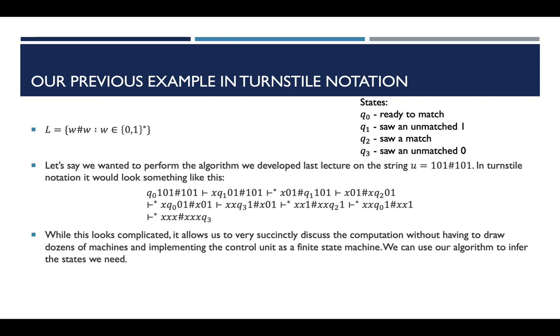So if you were in a situation where you had to build a Turing machine as a design for some sort of machine, you would be able to do that with this turnstile notation, using some examples to drive your design. That's another really good use for turnstile notation. If you're not trying to communicate about an algorithm but trying to build the machine, this is a good way of reverse engineering what the finite state machine for the control unit should look like.